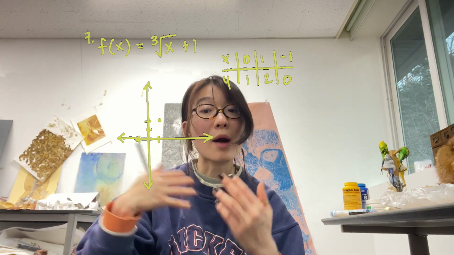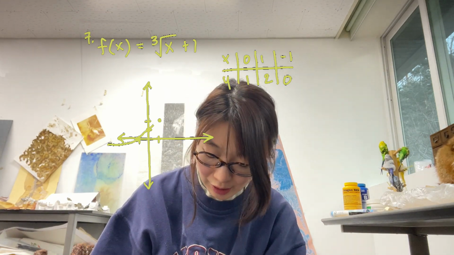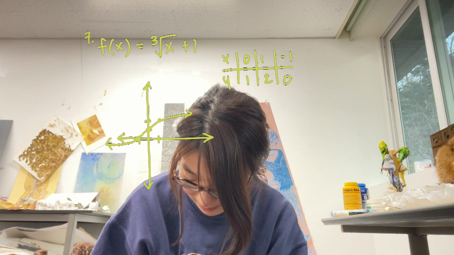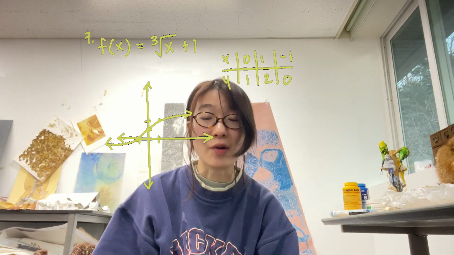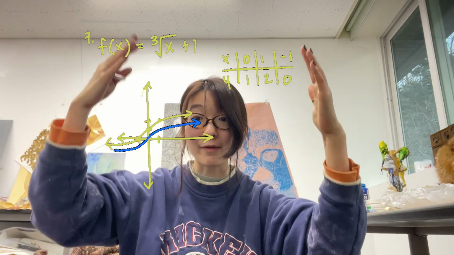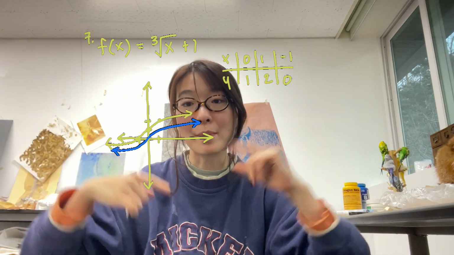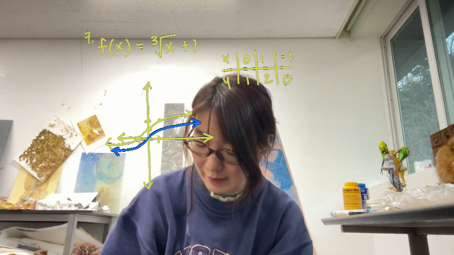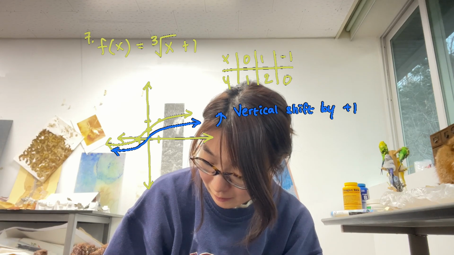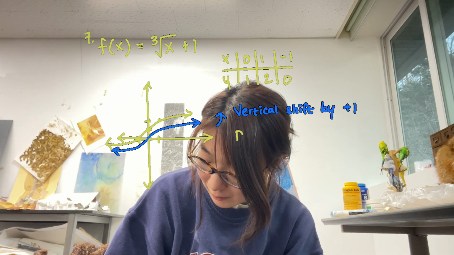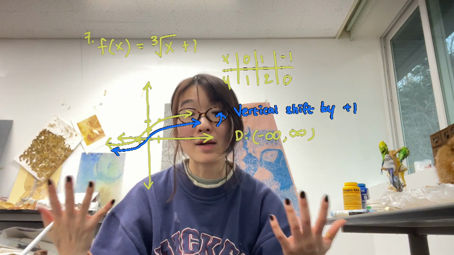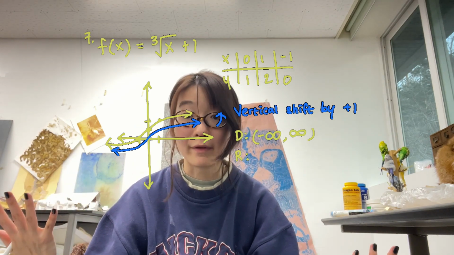Now remember, our parent function looked something more like this, correct? So what do we notice? We notice that the entire graph shifted vertically by positive 1 unit. Which means my domain and range are probably affected.